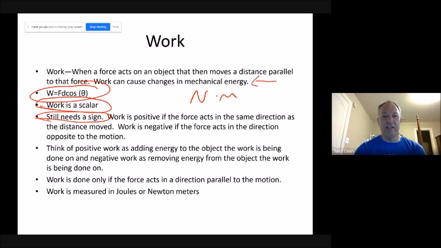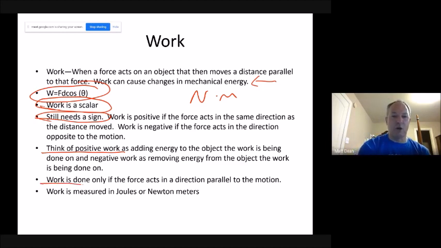If it's negative, it's telling you that the force is acting in the direction opposite of the motion, opposite of the movement. If you calculate a positive work, think of that as adding energy to the object that's being worked on. And if you do negative work, think of that as removing energy, converting that energy to another form on the object that's being worked on.